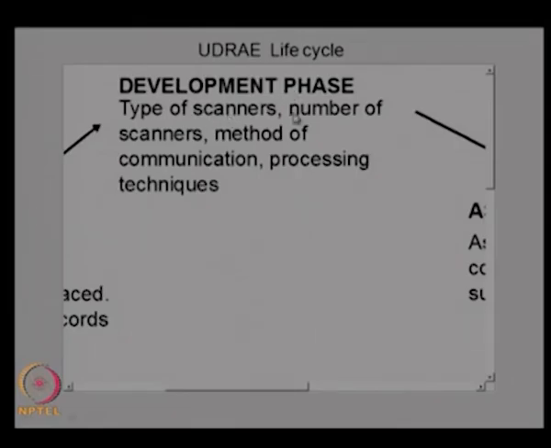So the type of scanners, number of scanners, method of communication, processing techniques, all these things need to be developed in the development phase. This is only a few things. We need to go for many more things in the development phase like the architecture, communication architecture, then network architecture, all those need to be developed in the development phase.